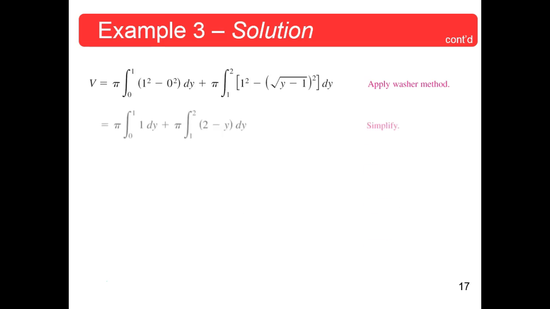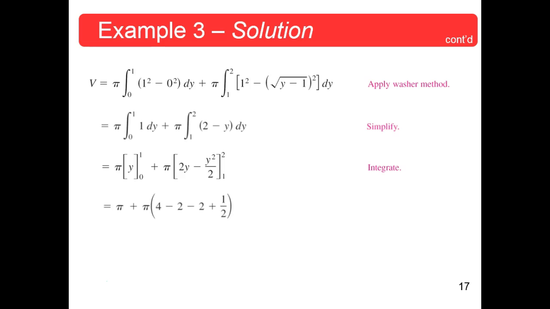So the integral of 1 dy, minus the integral from 1 to 2 of 2 minus y. Really easy integrations on both parts, but a little more math to fiddle with. When you do all that, you get 3/2 pi. So you do get the same answer, and it's not that terrible.